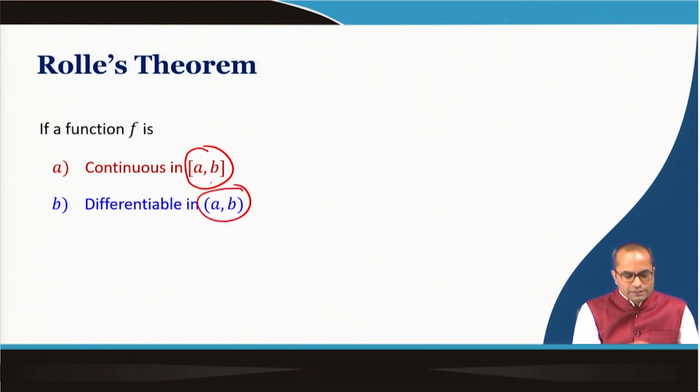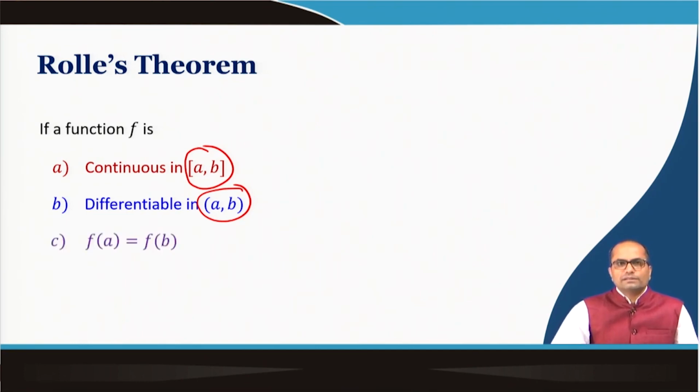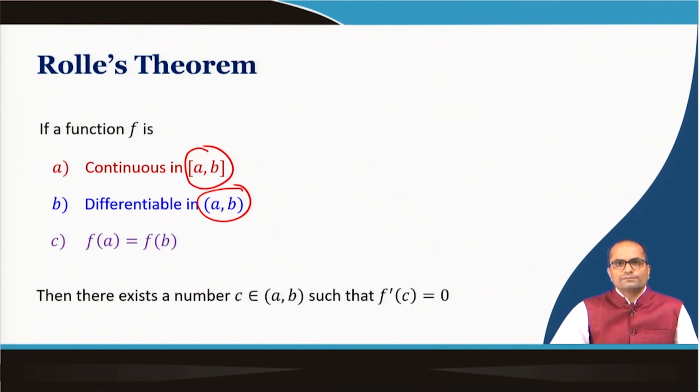So, that is another condition we are talking about on the function. So, the continuity in the closed interval and differentiability in the open interval, and the third condition is that the value of this function at a and b should be equal. So, what is the meaning here of all these 3 conditions? That we will just check one by one.